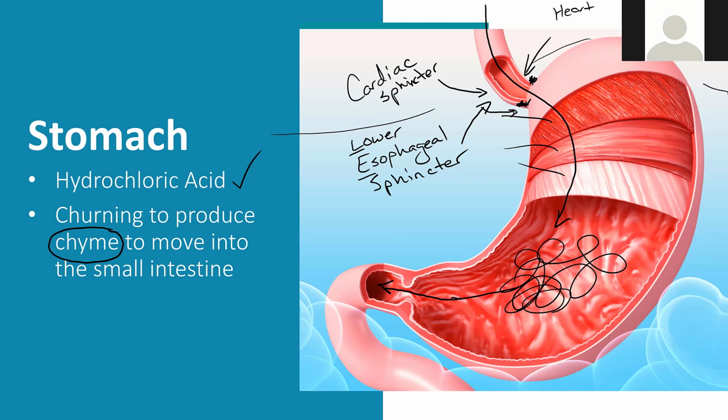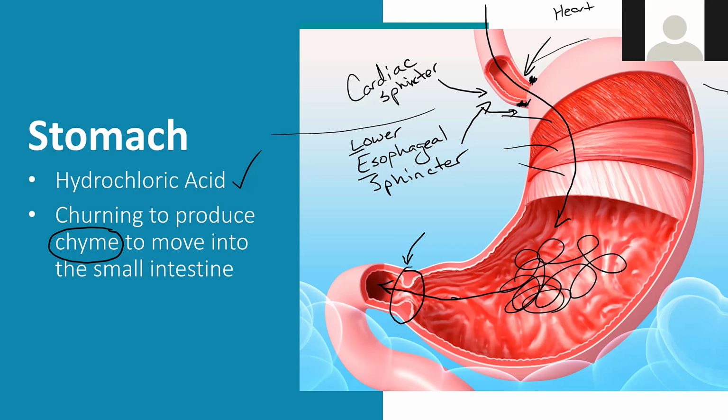So whatever is left over of that burger that we ate, that we chewed up, and the saliva came in, and then we swallowed it, and it went into the stomach, and our stomach started breaking it down with all the acid, and now it's just this food substance mass. That moves into the small intestine, and again, we call it chyme. And we can see here, there's another sphincter that can help control everything.